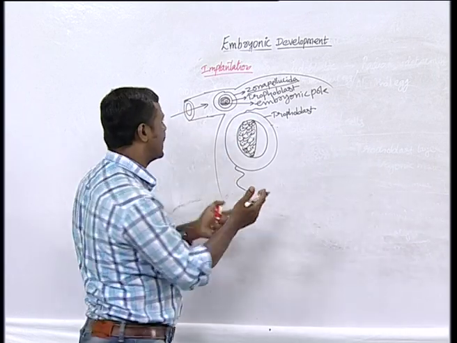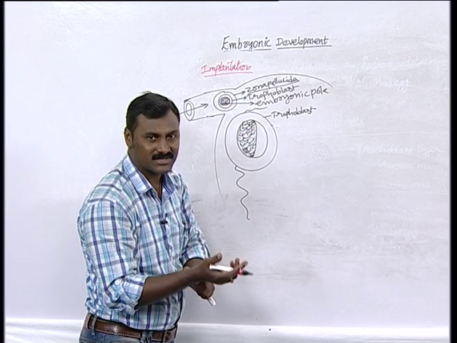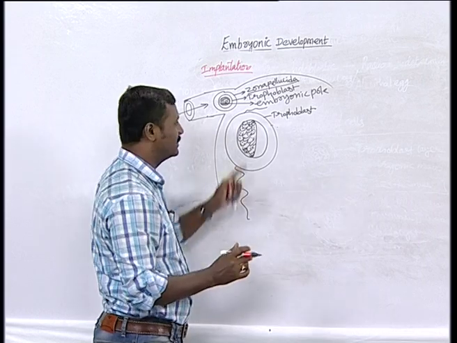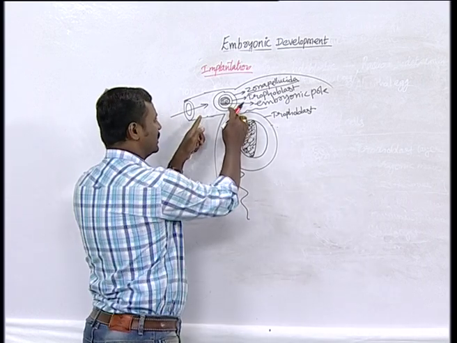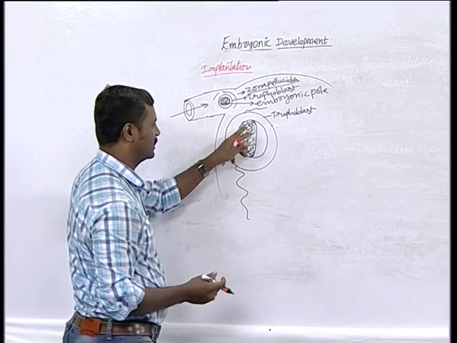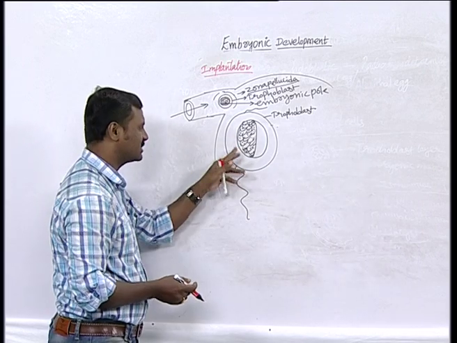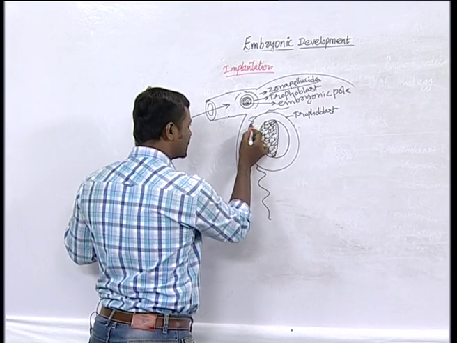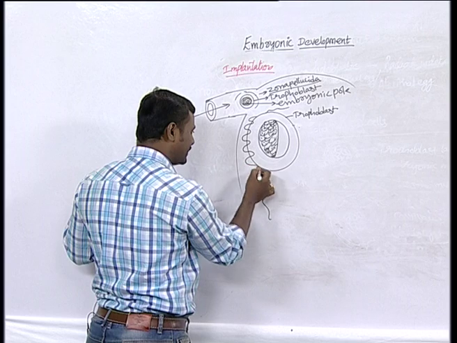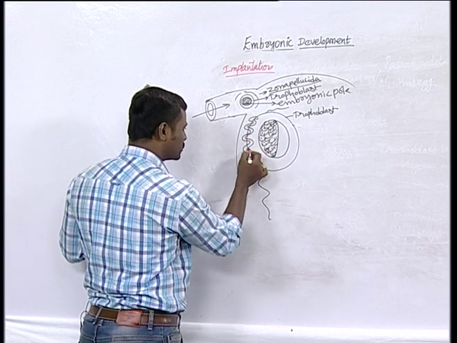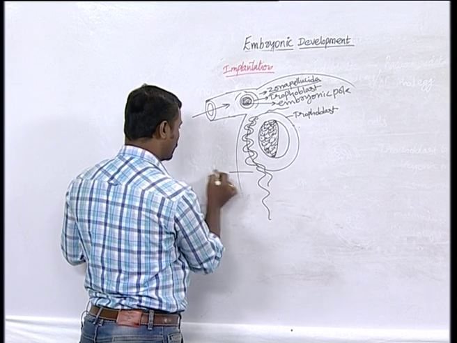Along with the trophoblast, the embryonic pole comes out, and the embryonic disc and blastocyst become free. The trophoblast layer then releases proteolytic enzymes, and because of them it gets fixed with the endometrium.